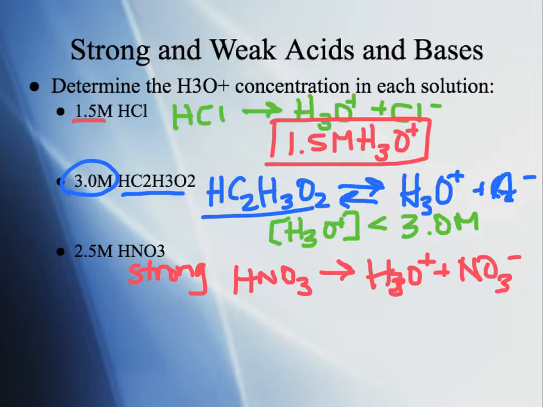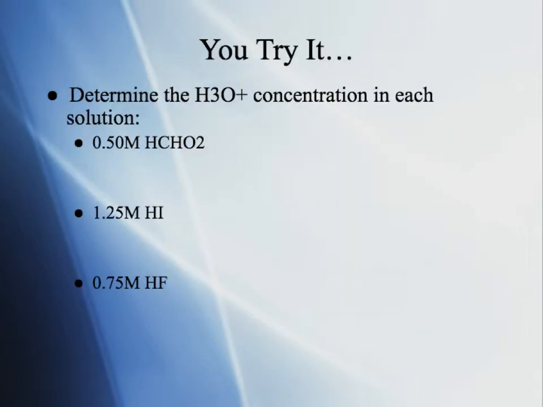And so if it completely falls apart, that means that whatever concentration we start with is the concentration we end with. So our concentration of H3O plus is going to equal what we start with, 2.5 molarity. Okay, so what you're going to do now is you try it.